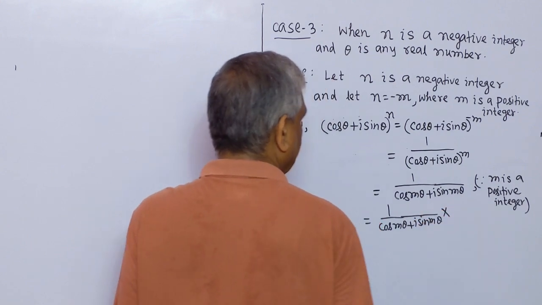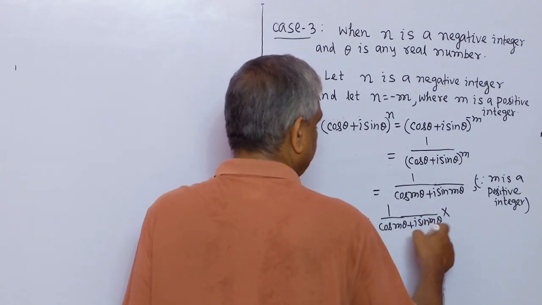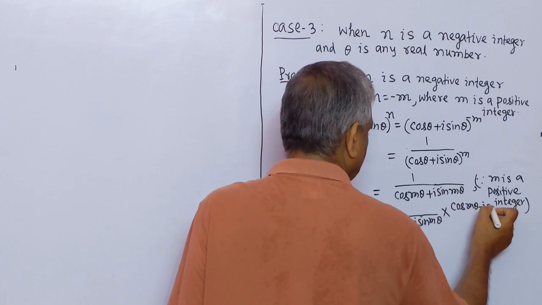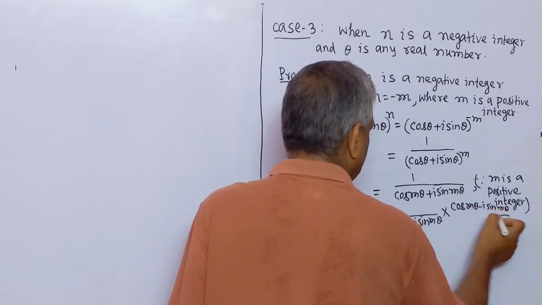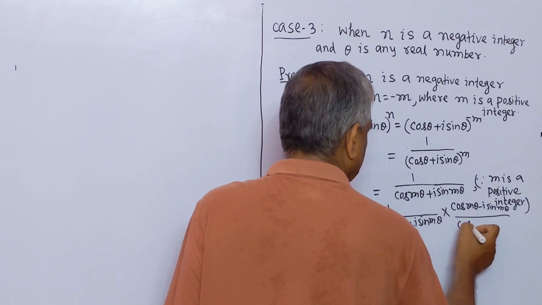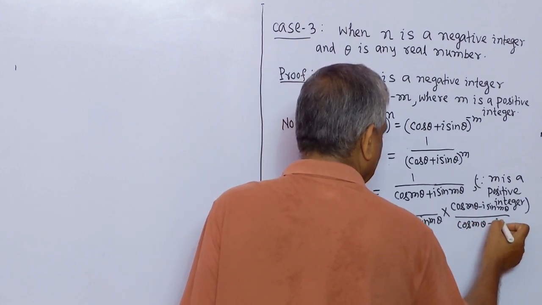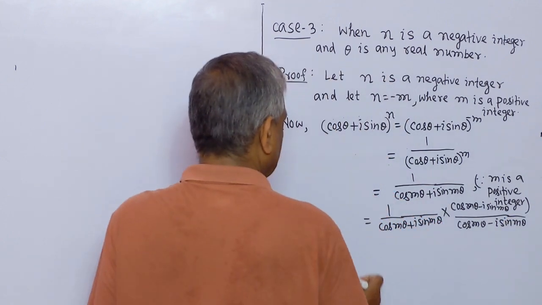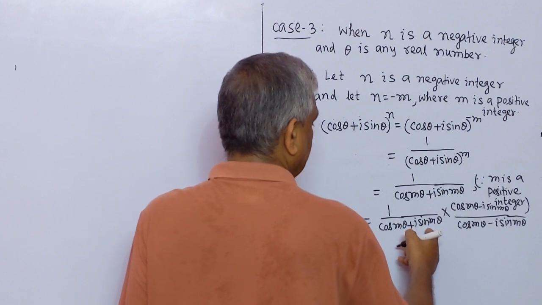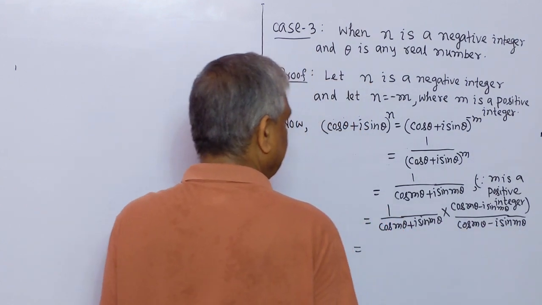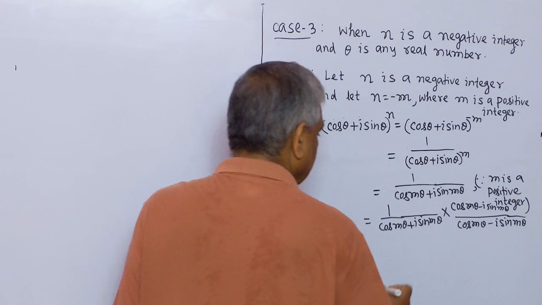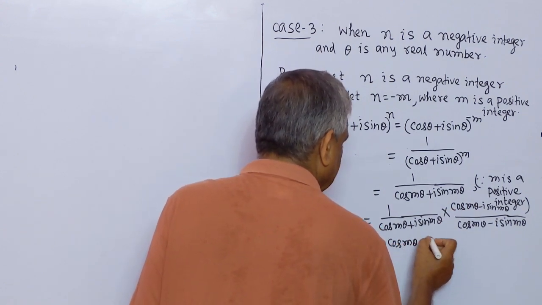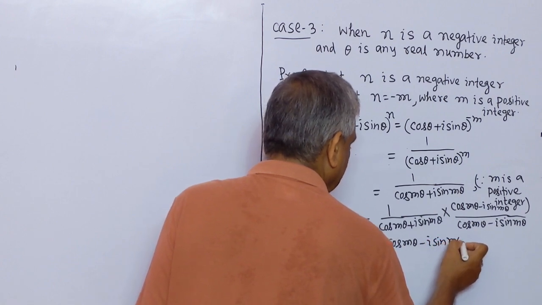If we multiply numerator and denominator by (cos m theta minus i sin m theta), here a plus b, here a minus b, formula is a square minus b square, and in numerator we get cos m theta minus i sin m theta.